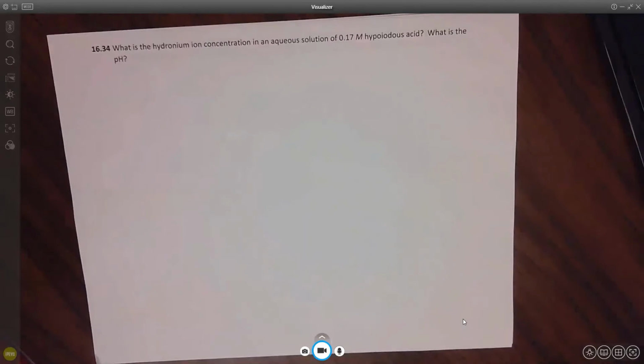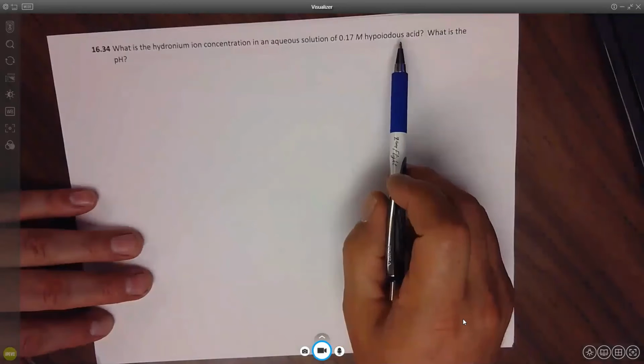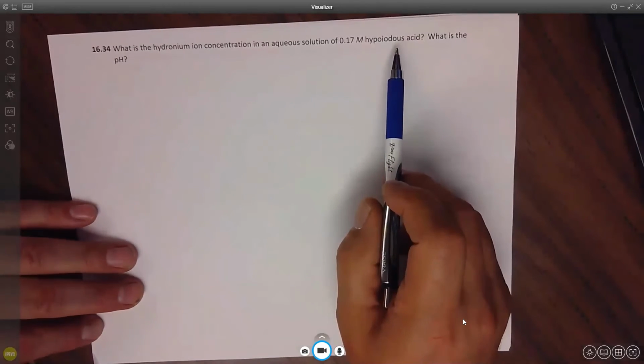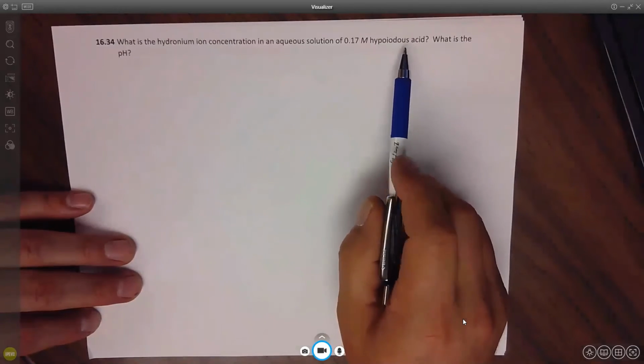Katrin, what do you think? What is the formula for hypoiodous acid? So if it's hypoiodous, what did it end in? Did the initial anion end in IDE, ITE, or ATE? Is it ATE?